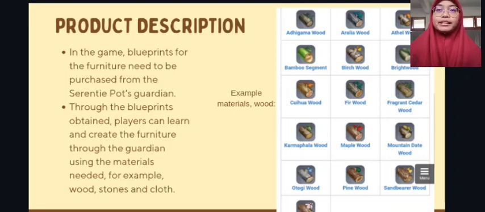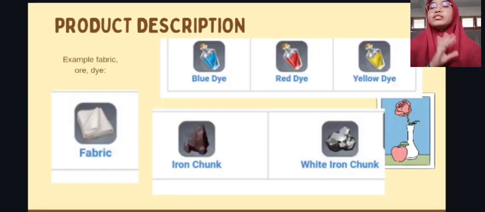So if you use a person with a sword and hit the tree with the sword, it will produce wood, and the wood will automatically enter your bag. There is a magic bag there. And this is also an example of fabric and the dye for the players to use when making the furniture.